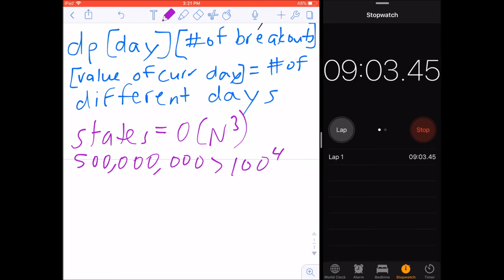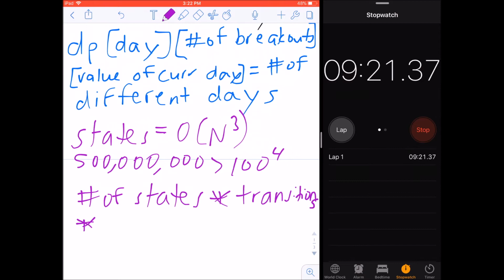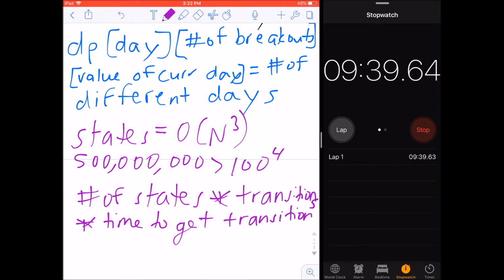So the runtime of a DP is number of states times number of transitions times the runtime for each transition. So for example, if it takes O of n to make one transition, then we'll multiply by n here. So this means that number of states is O of n cubed, which means that transitions times time to get transitions can only be O of n, because our runtime has to be less than or equal to O of n to the 4.